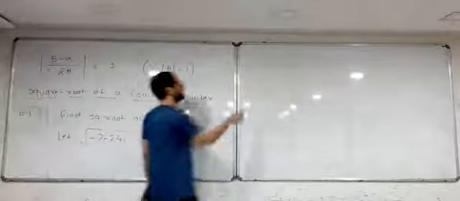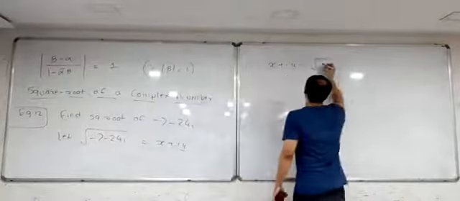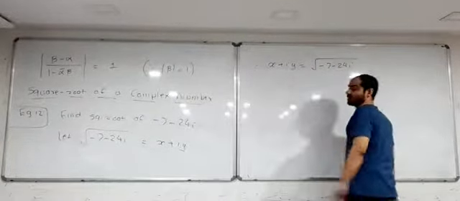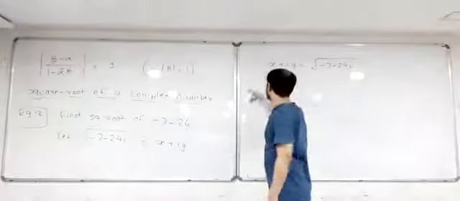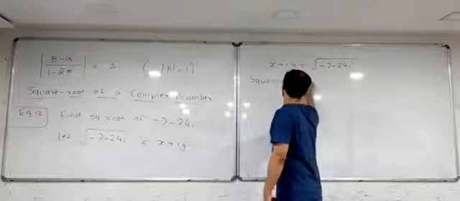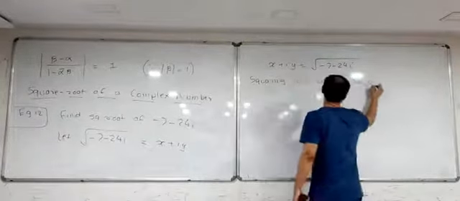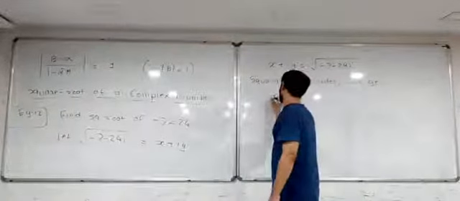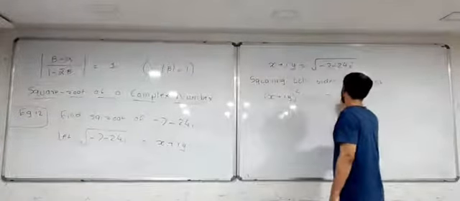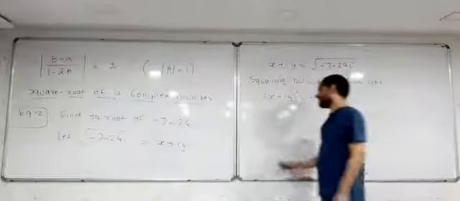So can I write x plus iy is equal to square root of -7 minus 24i. Yes. x और y ढूंढना है, squaring both sides. Square करो, squaring both sides. ठीक है. लेफ्ट में क्या मिलेगा? x plus iy the whole square is equal to -7 minus 24i. What you do is that left में directly square करो.